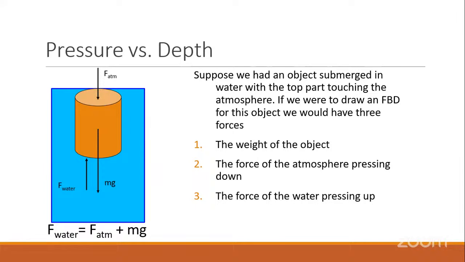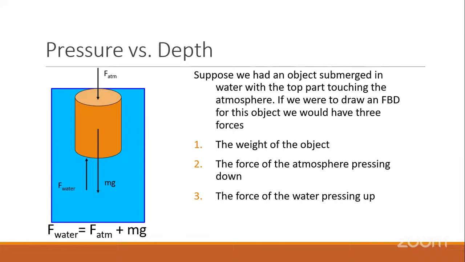So we move on to the relationship between pressure and depth. Now, suppose we have an object submerged in water with the top part touching the atmosphere. If we draw a free body diagram, we can see the atmospheric pressure is on top of the object.